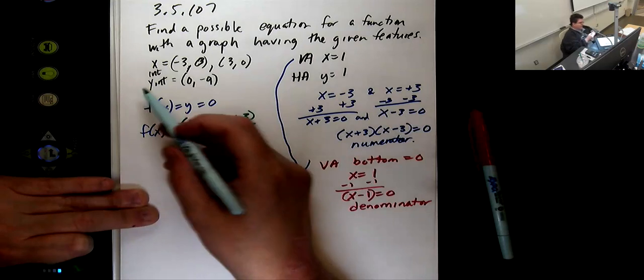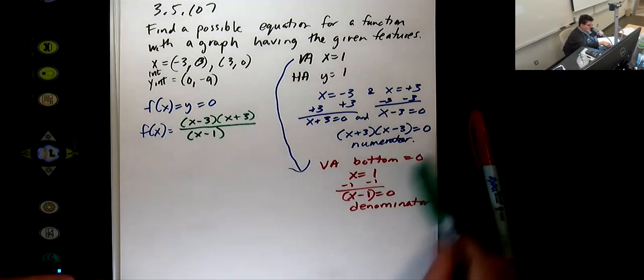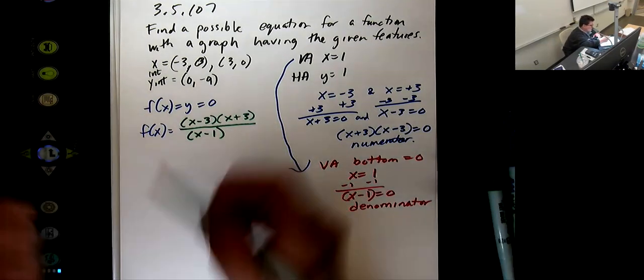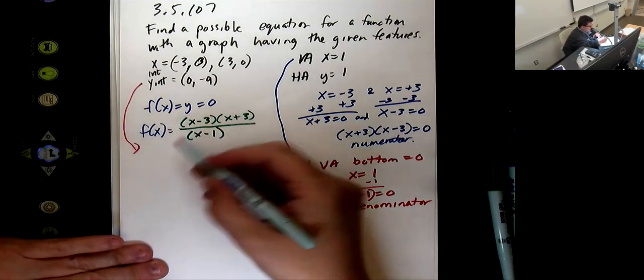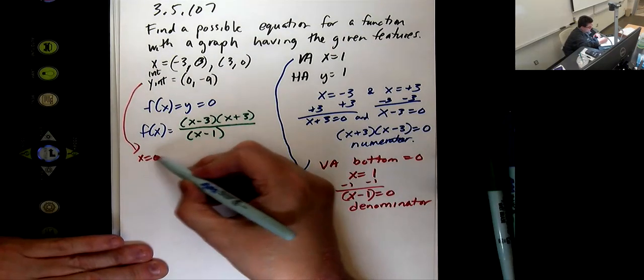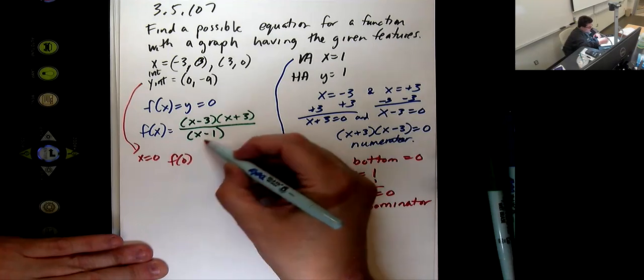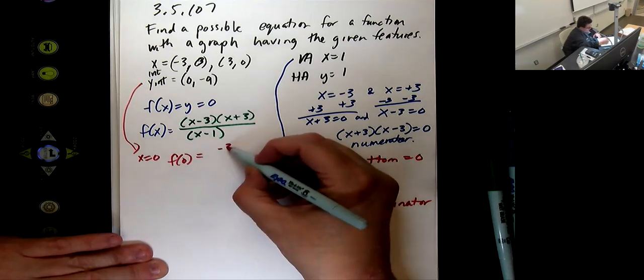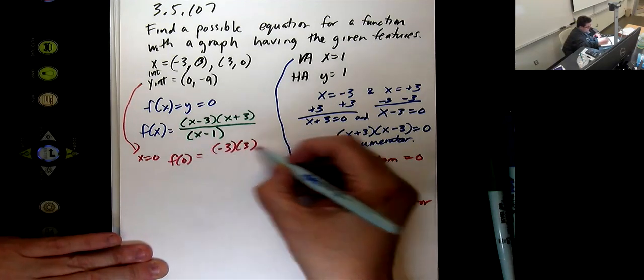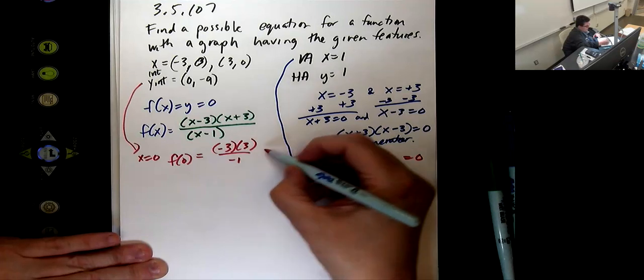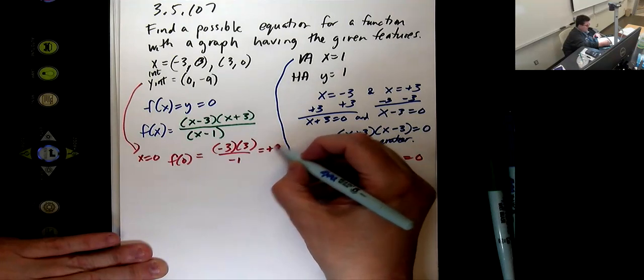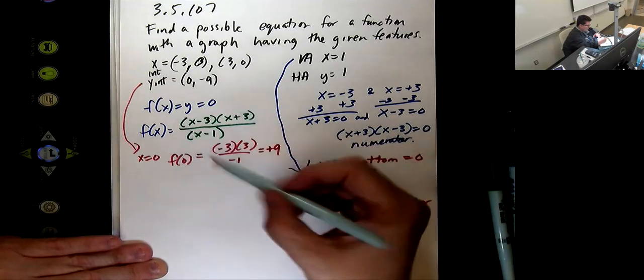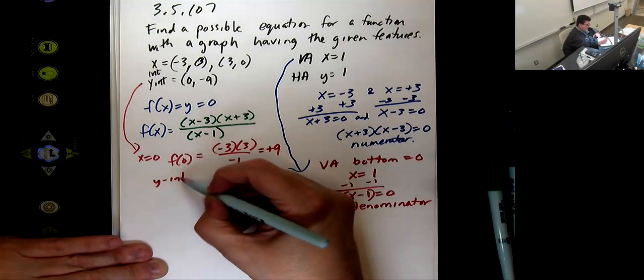Now, let's see what happens with the y-intercept. Y-intercept is when x is 0. So if I do f of 0 with what I have right here, I have -3 times +3 over -1. I get +9. And the y-intercept is -9.